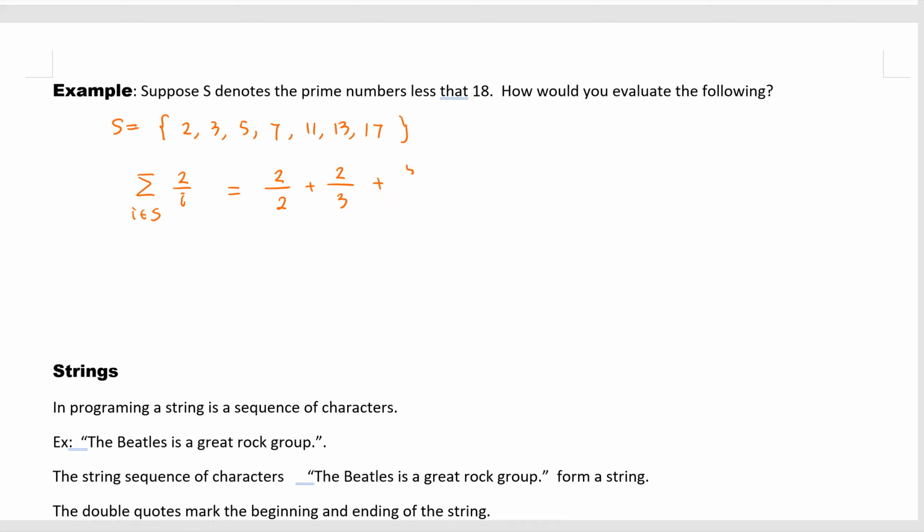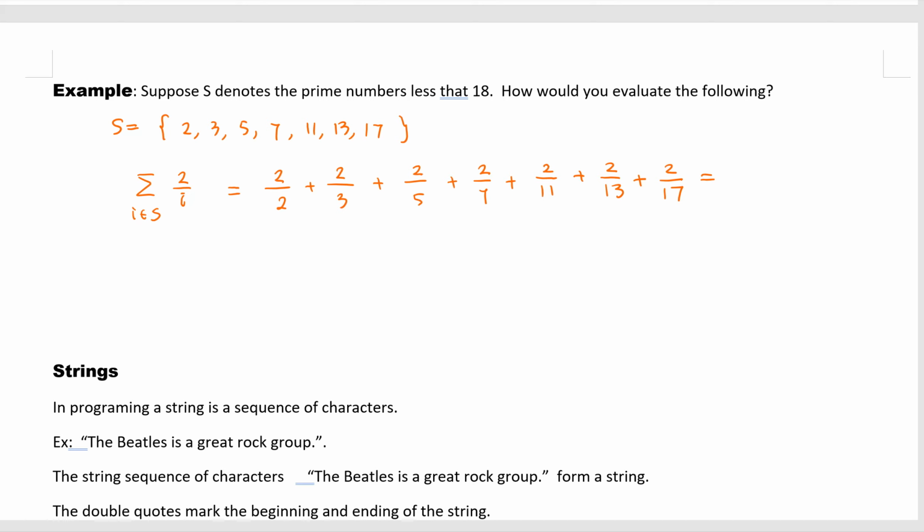Your numerator is always 2, so every time you just change your i by the corresponding term in the sequence. Two over 17. All right, so that is all of them.